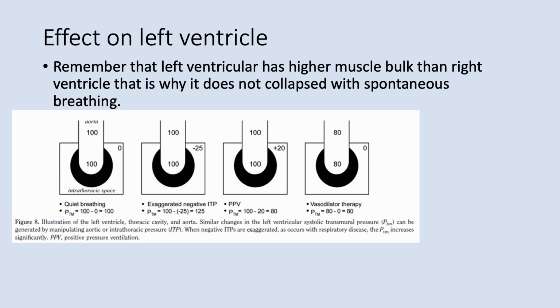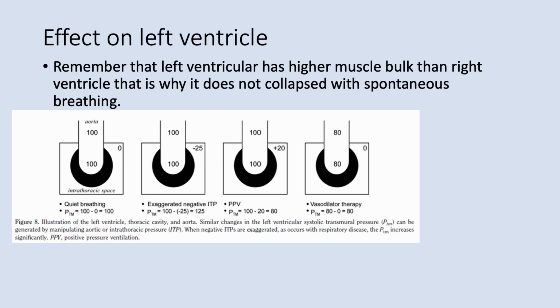However, if you apply a positive pressure, there will be a difference between the intra-aortic, the intraventricular pressure and the intrathoracic pressure, and this will result in somewhat reduced afterload and improved capability of the left ventricle to push blood. In the fourth scenario, we have a vasodilator effect.